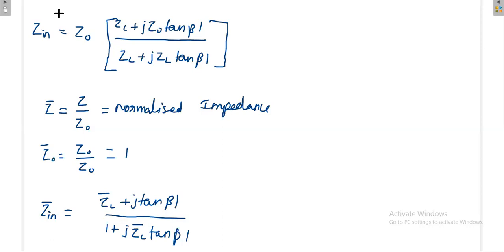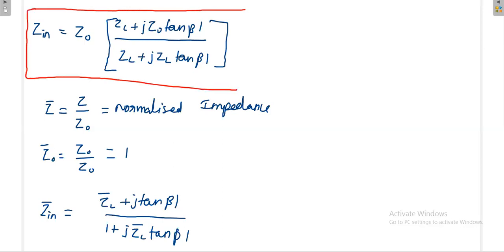I take this as the final equation. It's always better to remember this equation. From this we'll proceed, one by one.